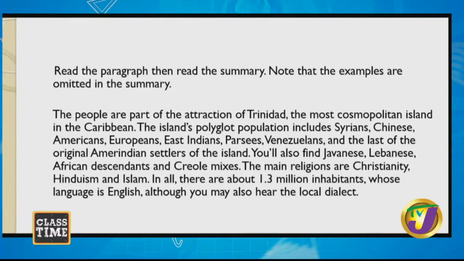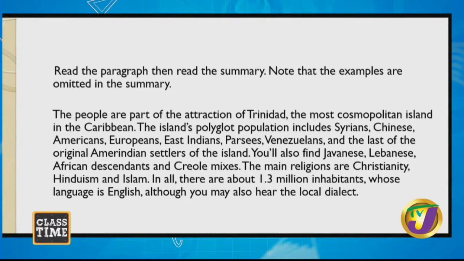The island's polyglot population includes Syrians, Chinese, Americans, Europeans, East Indians, Parsis, Venezuelans, and the last of the original Amerindian settlers of the island. You'll also find Javanese, Lebanese, African descendants, and Creole mixes. The main religions are Christianity, Hinduism, and Islam. In all, there are about 1.3 million inhabitants, whose language is English, although you may also hear the local dialect.